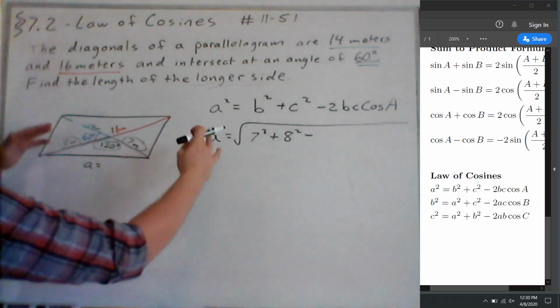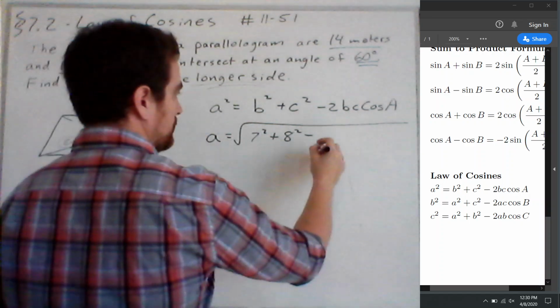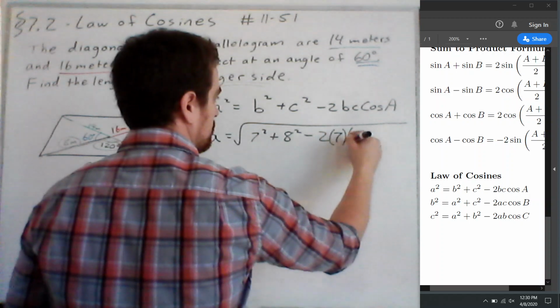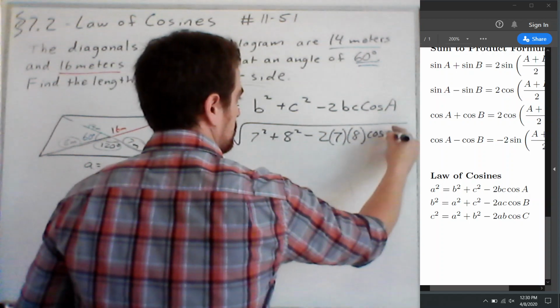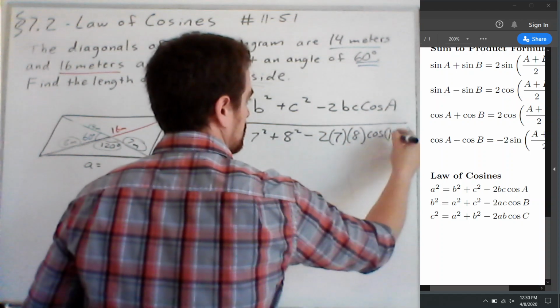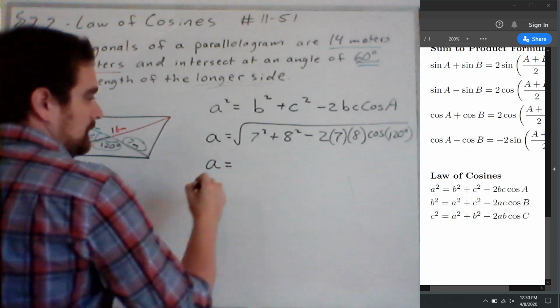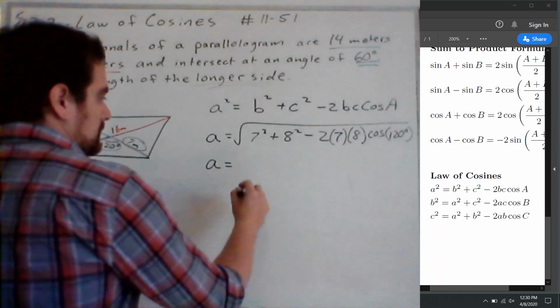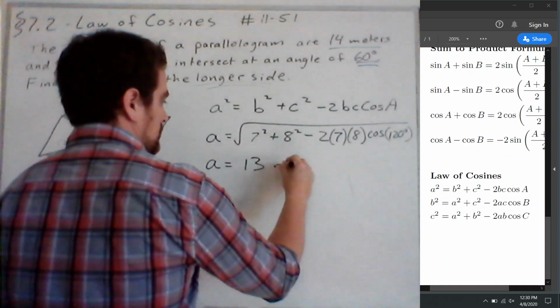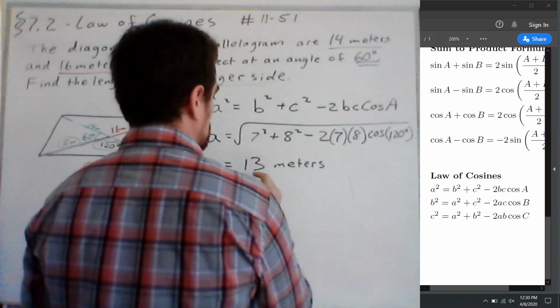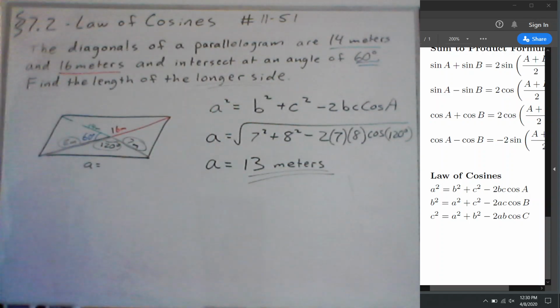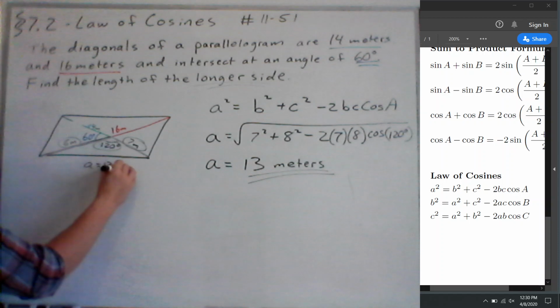I'm not using those as sides of my triangle. And of course the 120. It's actually a very nice angle. But we'll just go to our calculator and see what we get. And it gives us A is, this one's actually exact, 13 meters. So we actually get a really nice number out of it.